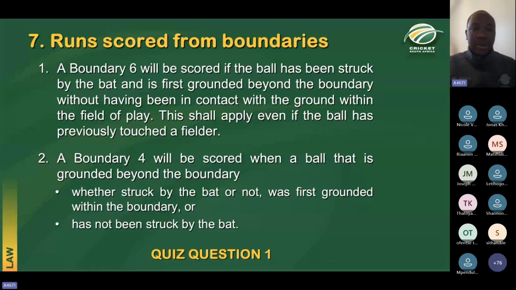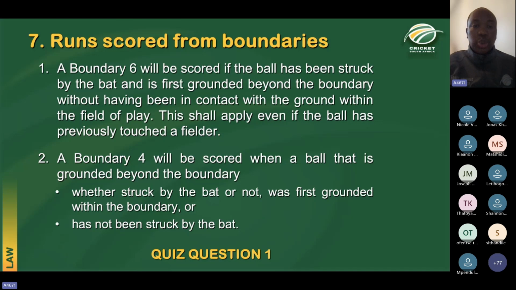I'll repeat the scenario again. A fast bowler bowls the ball. A bouncer that rushes the batter. The striker attempts a pull shot, misses it with bat and glove. Instead, the ball touches or grazes the top of the striker's helmet and flies over the boundary rope into the stand without ever having touched the outfield.